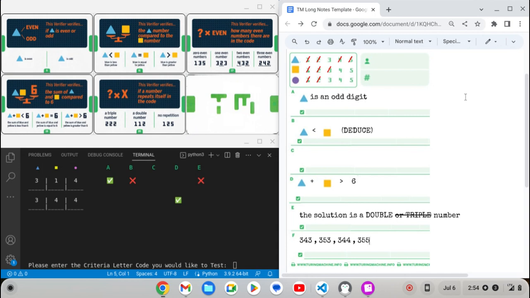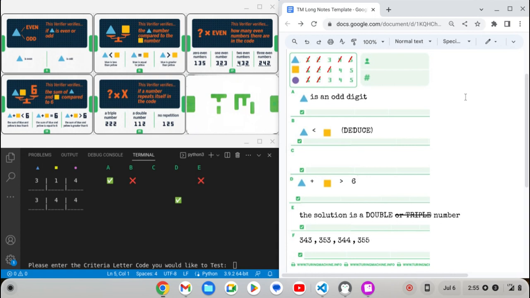Let me see. I don't think any of those actually fit. Oh, it's triangle. Never mind. Yeah, 3, 4, 3, 5. Oh, yeah, they all fit. Again, for some reason I was looking at circle. Okay, so yes, they all do fit with criteria card B, that triangle should be less than square.